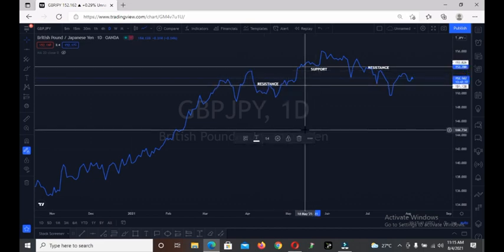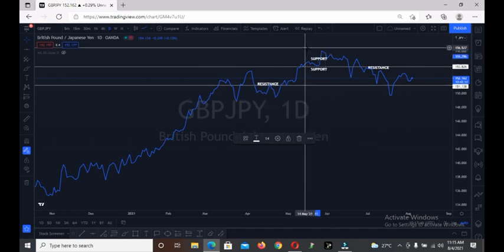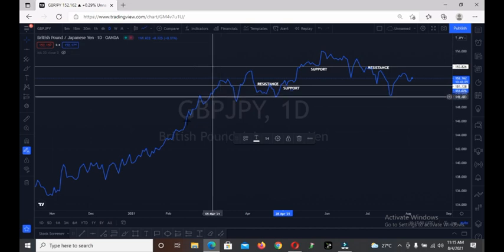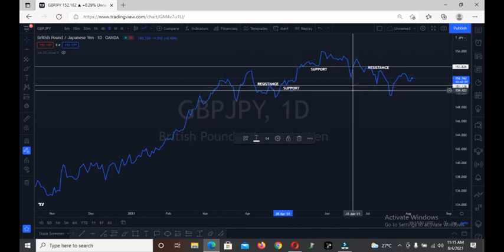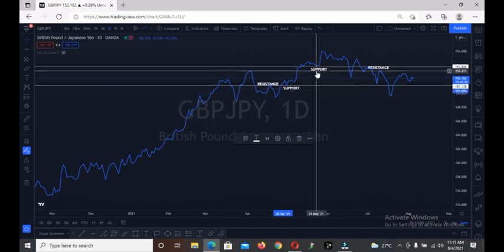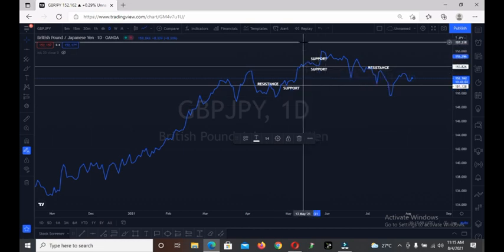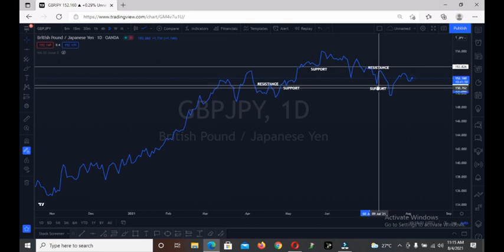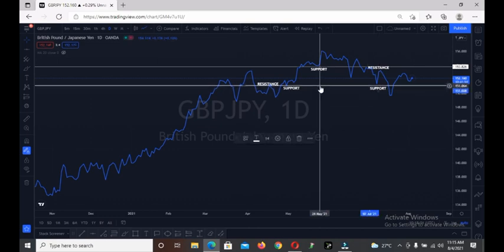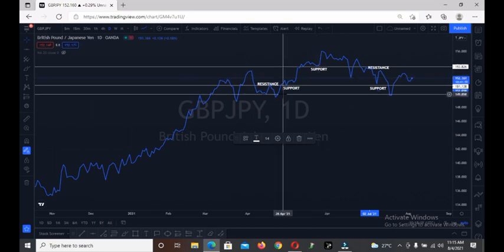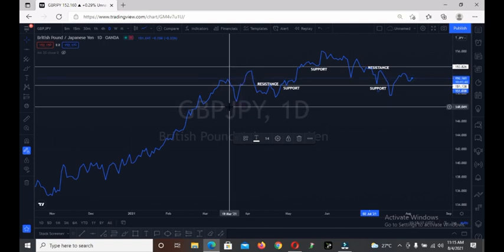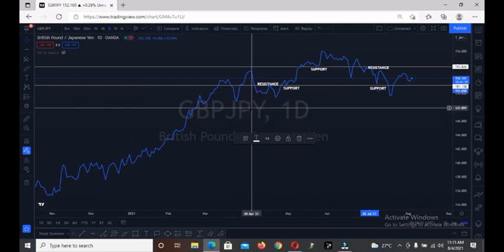We also have one support level here. So note that we are spotting, or identifying, support and resistance. Here is a typical example of a support level. So we go back to the next one to identify support and resistance.